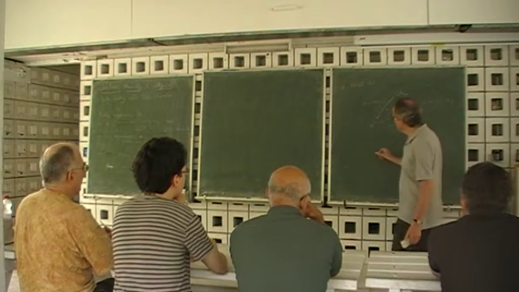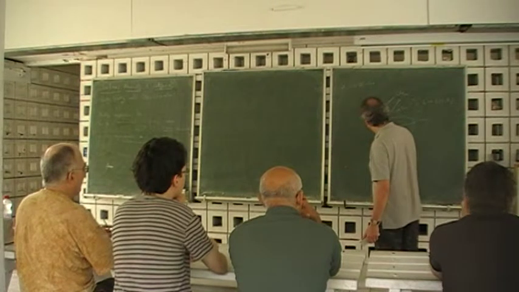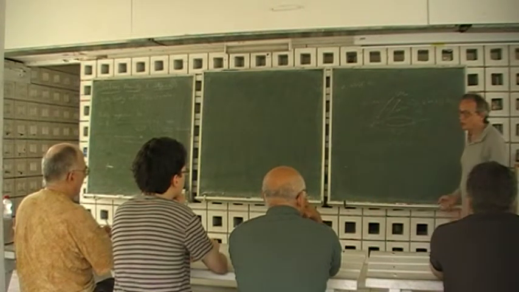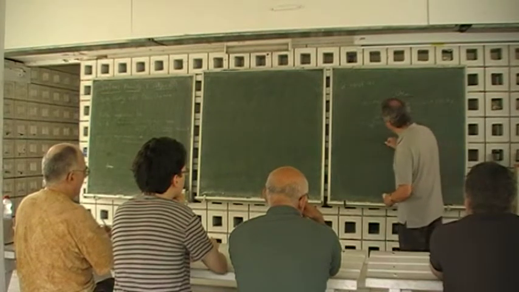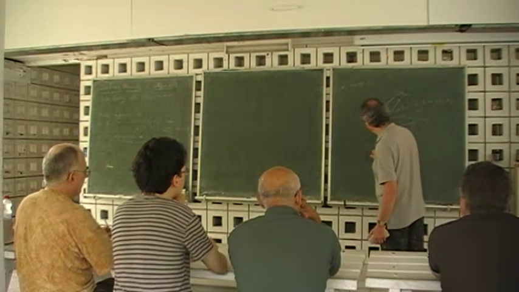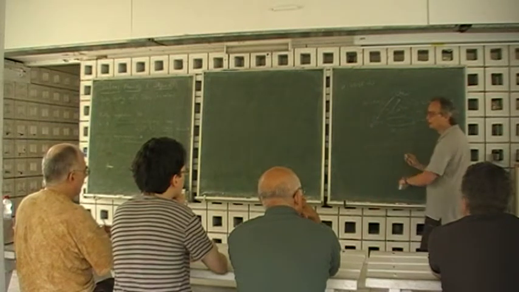That is, monads on sets are strong, so you have a strength map like this, X cross TY to T(X cross Y). If you have such a map, you can also get a map from TX cross Y to T(X cross Y) by simply swapping.